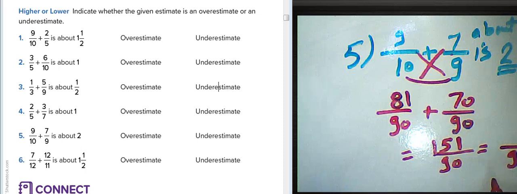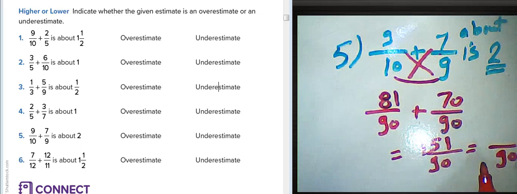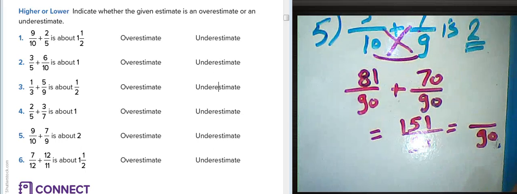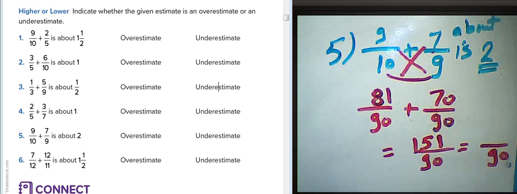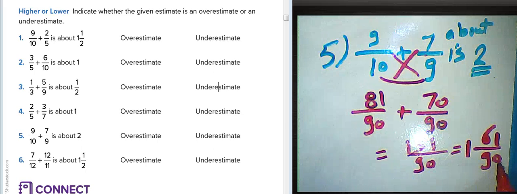Look with me at this example. 151 divided by 90, we can write 1 here, okay? And the difference between them, 1 minus 0 equals 1, 15 minus 9 equals 6. The result will be 1 and 61 over 90.